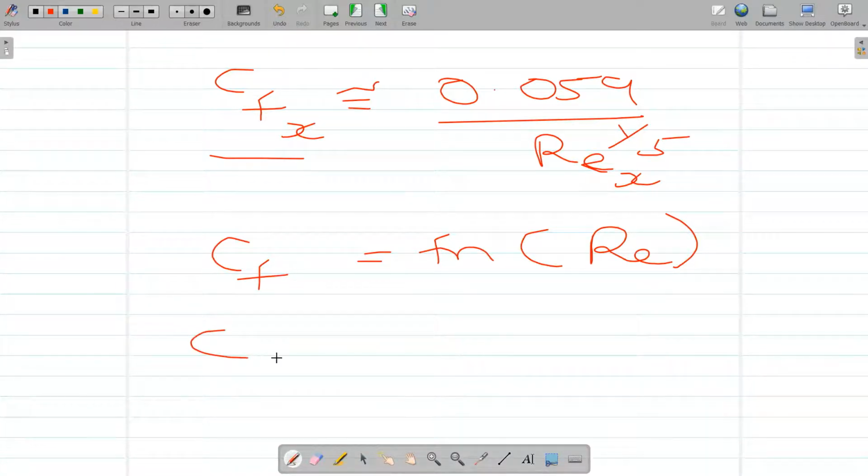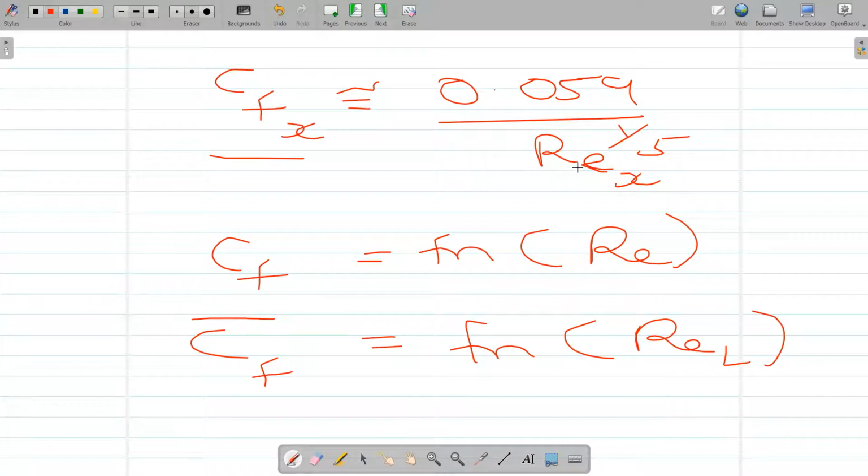If I take an average skin friction value, that will still be a function of my Reynolds number based upon the length of my flat plate. If I integrate the skin friction coefficient at every location over the entire length, from 0 to L, I'm still going to get it as a function of the Reynolds number based upon the length of the flat plate.